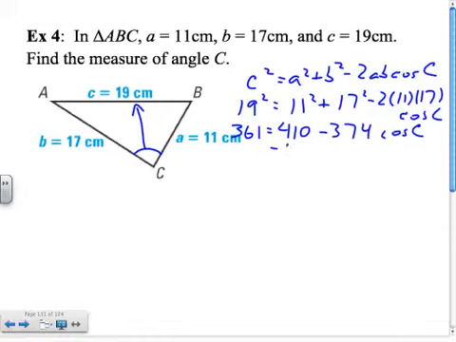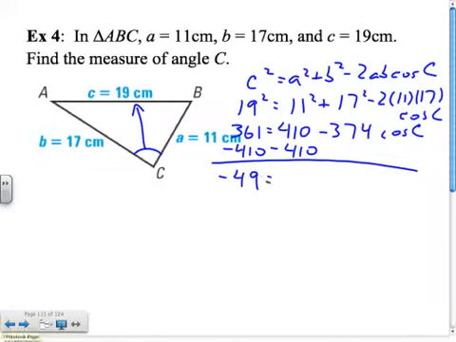So subtract 410 from both sides. 361 minus 410 is negative 49 equals negative 374 cosine C. Divide both sides by negative 374.